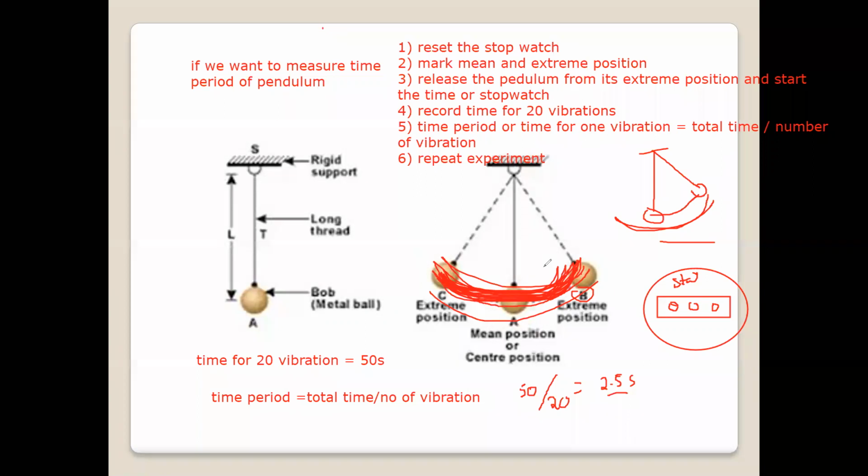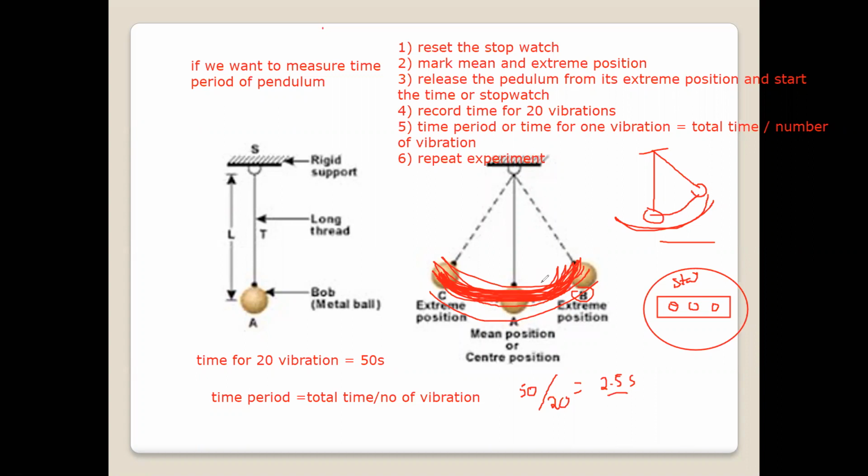Any doubt in this experiment? Sir, shouldn't the pendulum depend on other things, like maybe the mass or the material of the bob? Yeah, these factors may affect, but you can find this practically only.